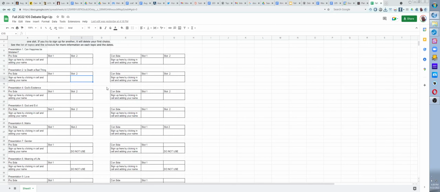So don't sign up for a second slot unless you have permission. If you both agree and sign up at the same time, then you can just put both of your names in there. You don't have to email me. But if you're signing up for a second slot after someone's already signed up for the first slot, make sure that you have them email me with their permission.